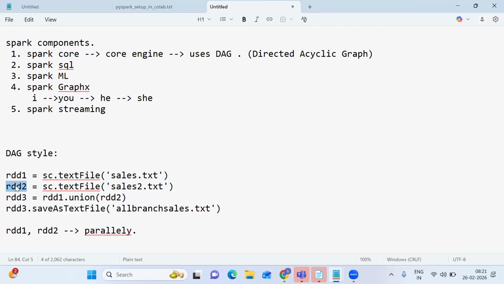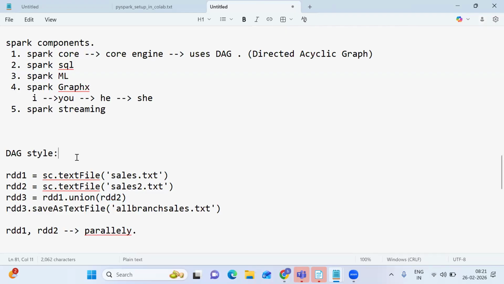A file, not another RDD. But for RDD3, what is the input? RDD1 and RDD2. That means to execute RDD3, before that, these two things must be ready. But there is no dependency between 1 and 2. Depending on your given code, the DAG automatically designs the flow. Understand the point?